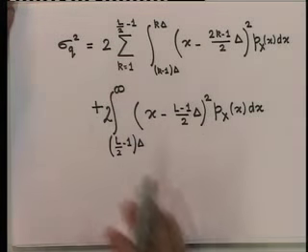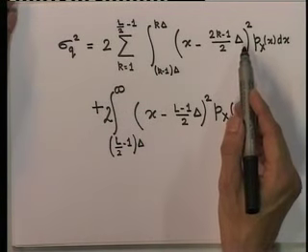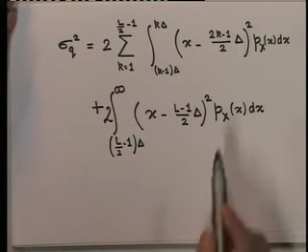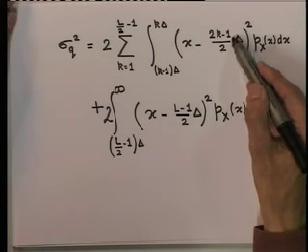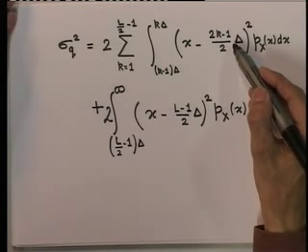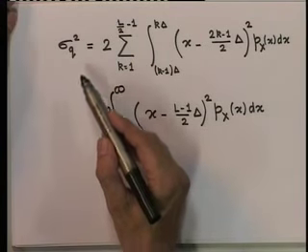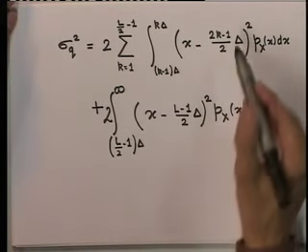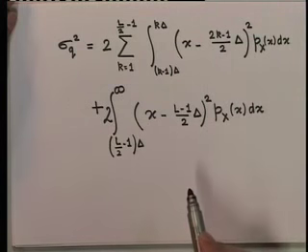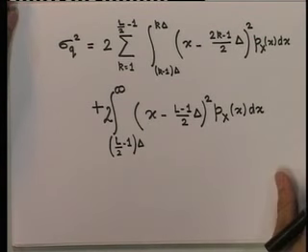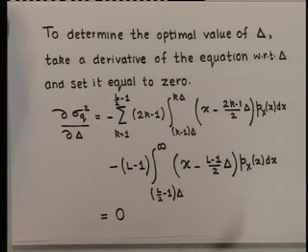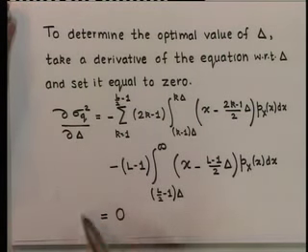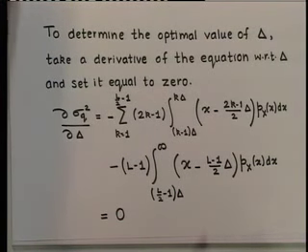Now, this expression is a function of delta. Therefore, to determine the optimal value of delta, we can take a derivative of this equation with respect to delta and set it equal to 0. So, if we do that, this is the expression which we get.